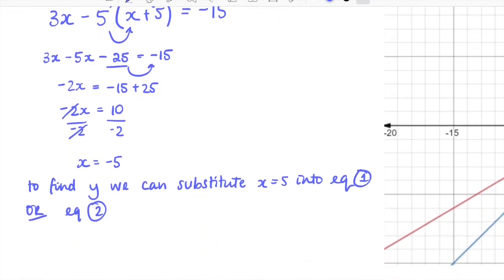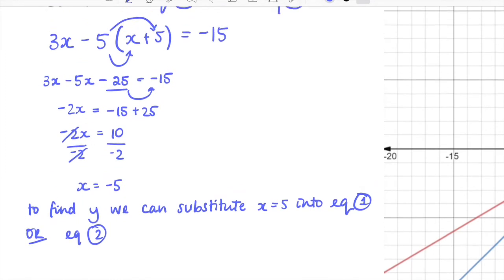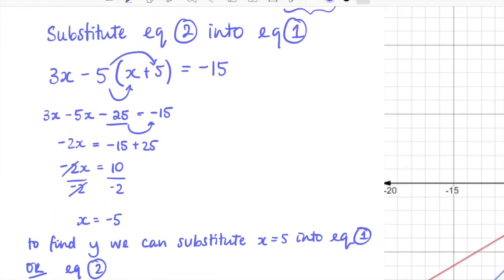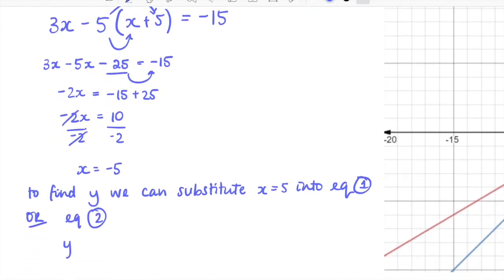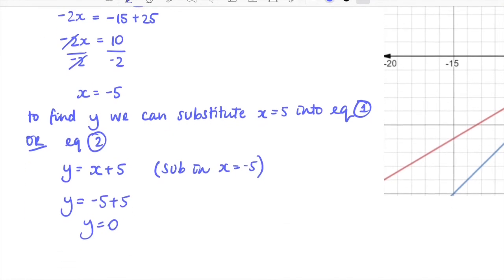To make it easy, I'm going to substitute it into equation 2. If you choose to put it into equation 1, that is completely fine, and you will get exactly the same answer. So where y is equal to x plus 5, I'm going to sub in x equals negative 5. So y is equal to negative 5 plus 5, so y is equal to 0. Now if I write it out as a coordinate, I'm saying that at this particular point, both graphs intersect.